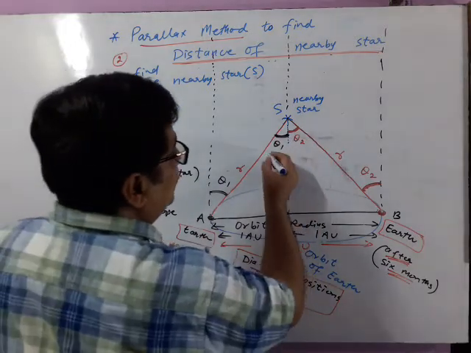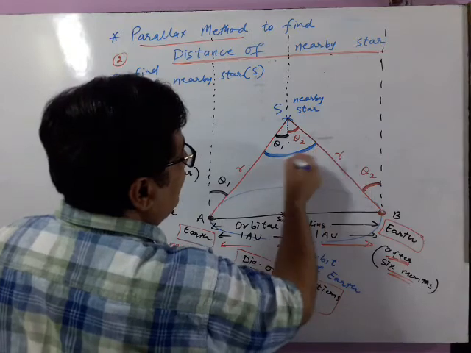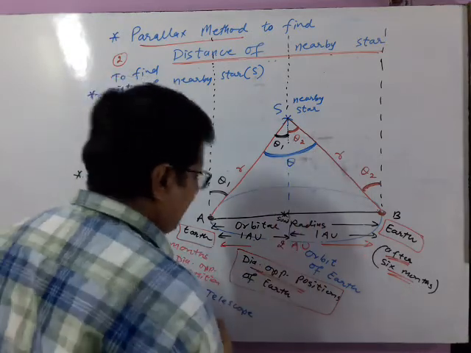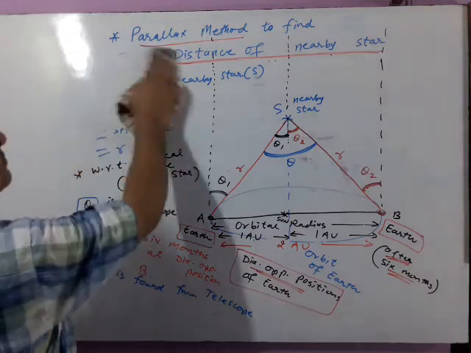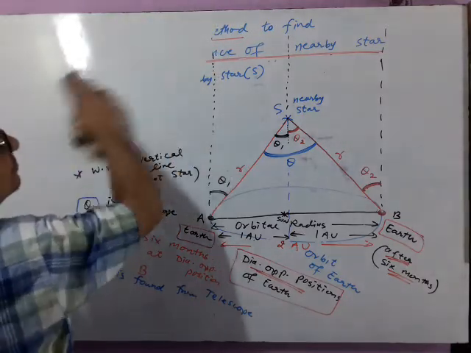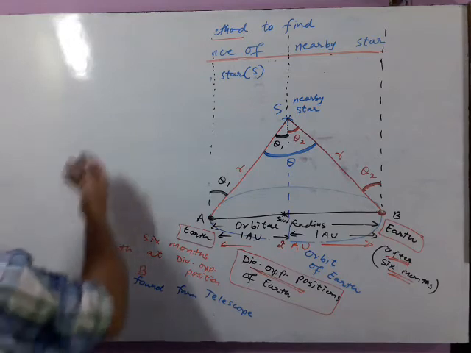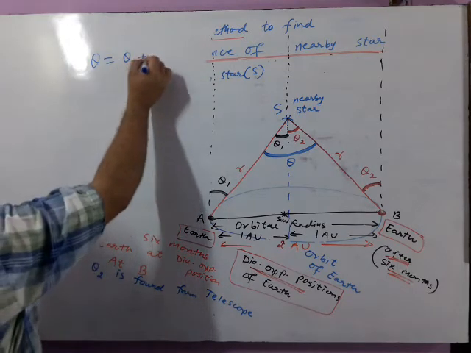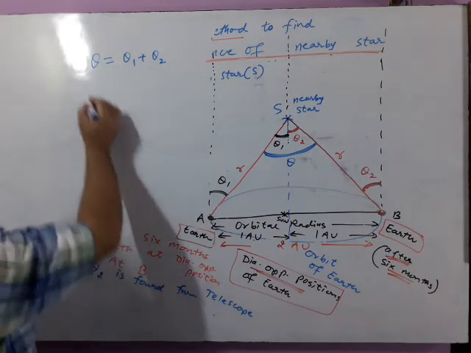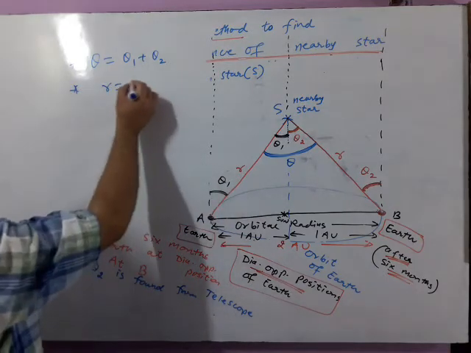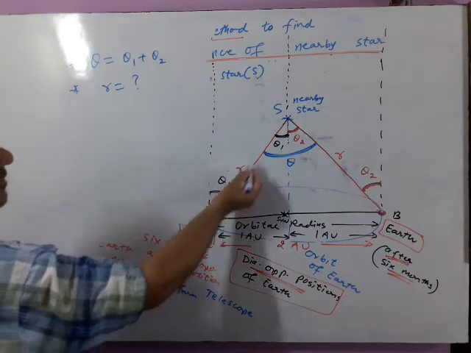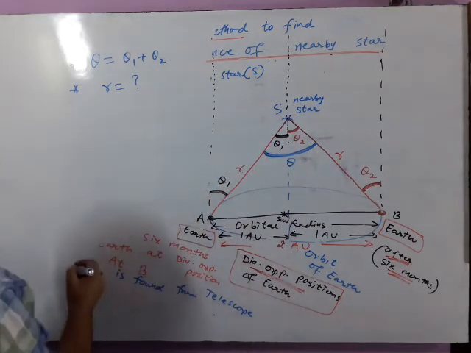So you can write this total angle as theta. See, I am writing. So this total angle theta is theta 1 plus theta 2. And we are finding this R. This R is the distance between the nearby star and Earth.